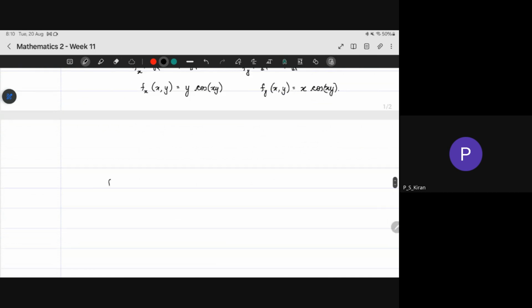Right? So I have f_x, the x partial derivative of that, and f_x, the y partial derivative of this. Then I have this function f_y, the x partial derivative of this, and f_y, the y partial derivative of this. Right? I have four things.